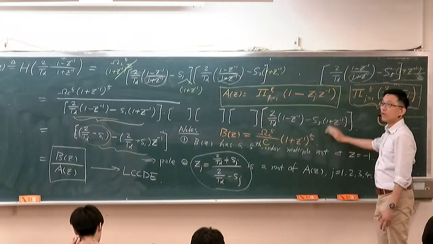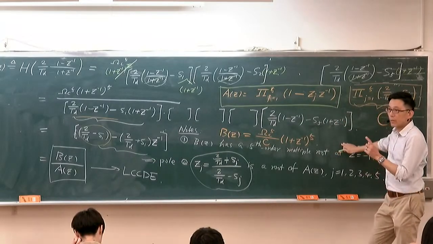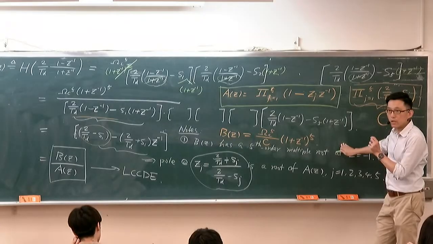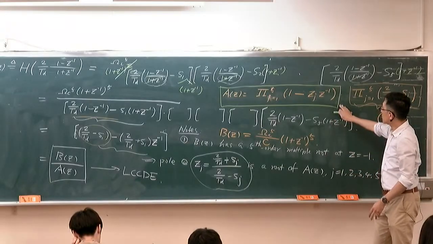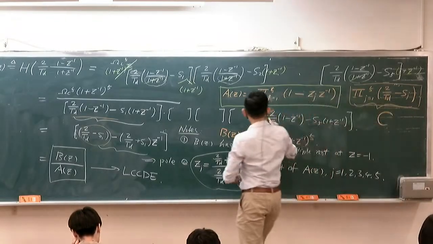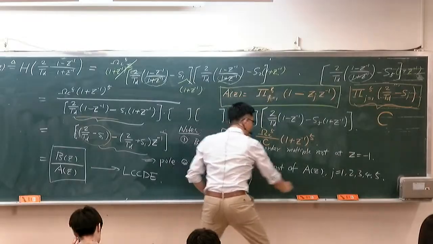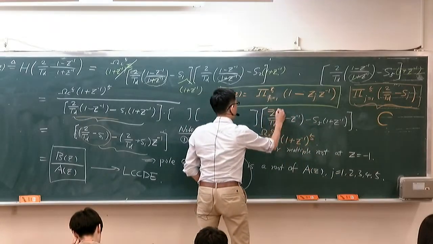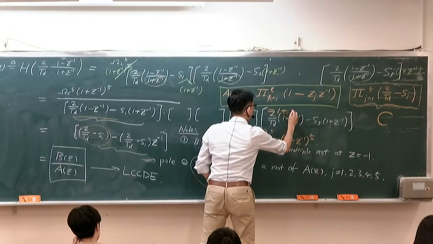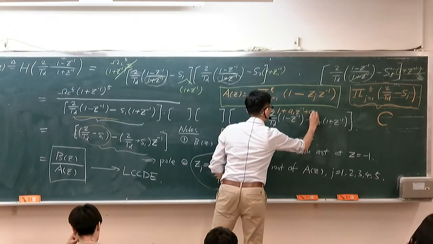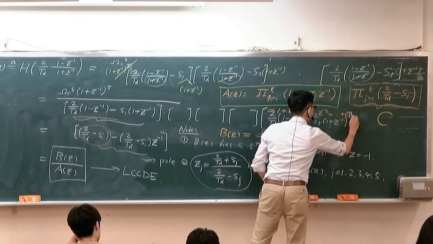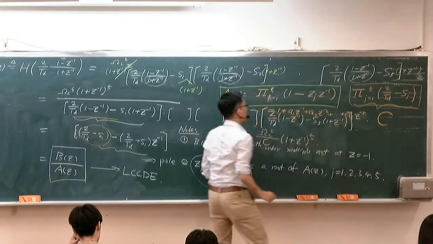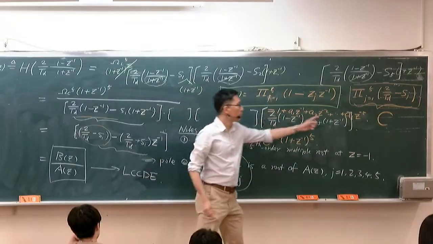And then finally, we can talk about implementation. This is probably the point I really want to deliver. Spending so much effort on the board, A of z is a polynomial with leading coefficient 1: 1 plus a1 z inverse plus a2 z to the minus second power, all the way to a5 z to the minus fifth power. You can figure out a1, a2 all the way to a5.